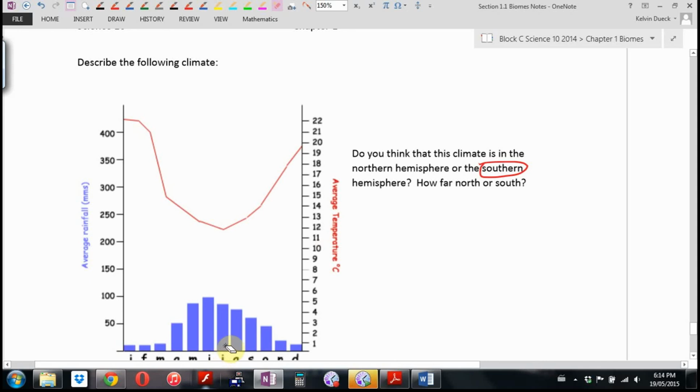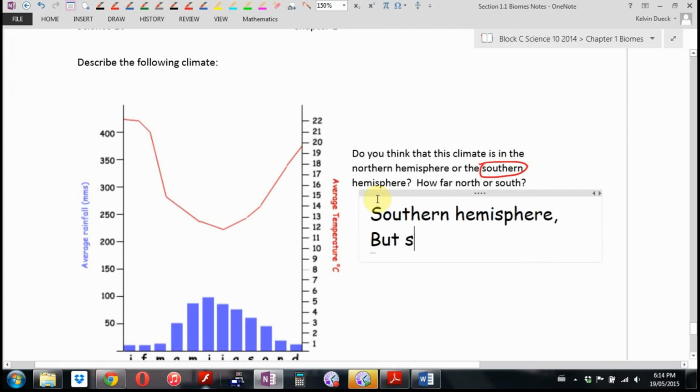So I would say this is probably southern hemisphere, but still close to the equator, probably in the tropics. I'll put here tropics, I think.